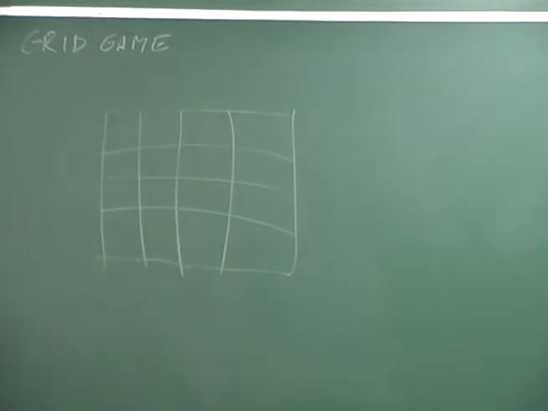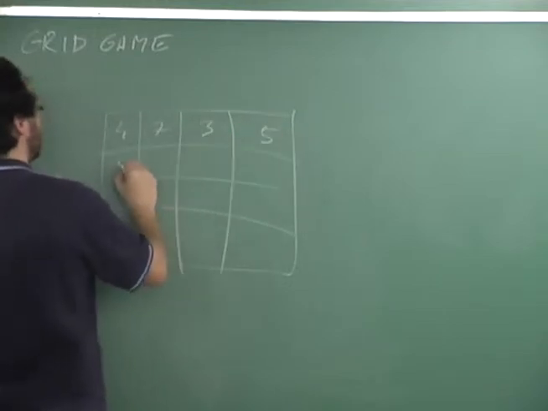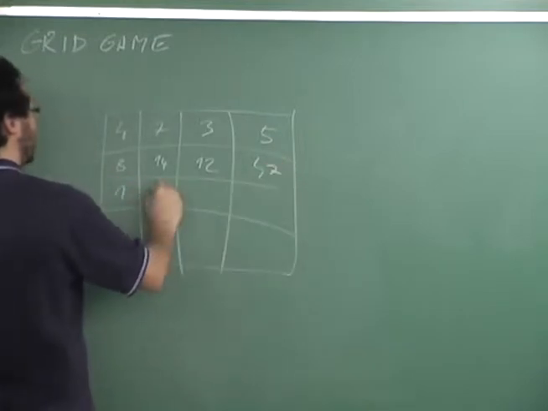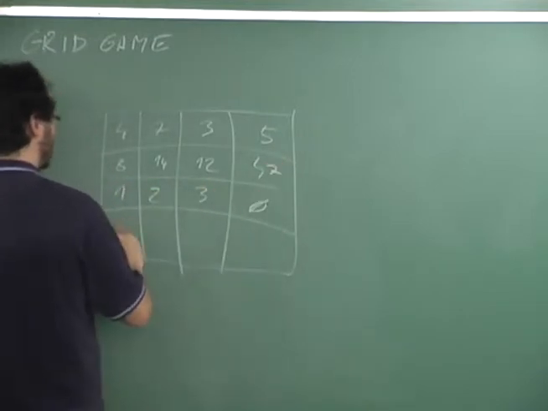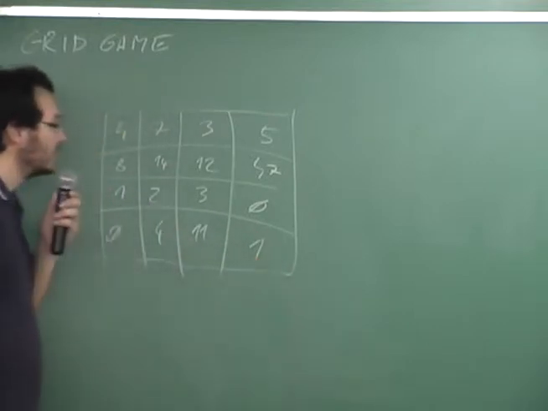All right, so what we have in this problem is a grid. Each cell of the grid contains some payoff, some number of points, some value. 4, 7, 3, 5, 8, 14, 12, 47, 1, 2, 3, 0, another 0, 4, 11, and the 1.